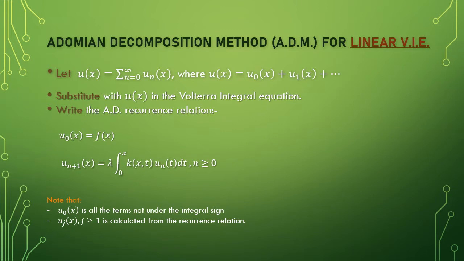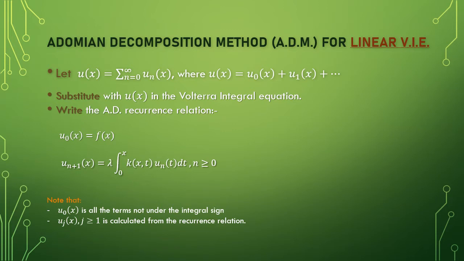We let u naught of x equal f of x, and we write un plus 1 of x equal lambda multiplied by the integration from 0 to x of k of x and t, un of t dt, where n is greater than or equal to 0.